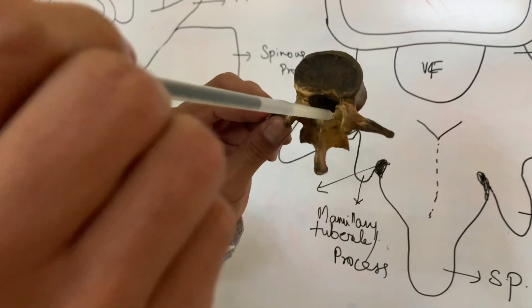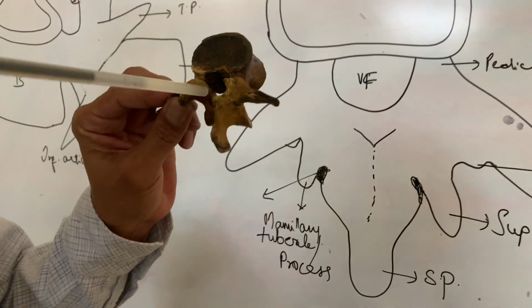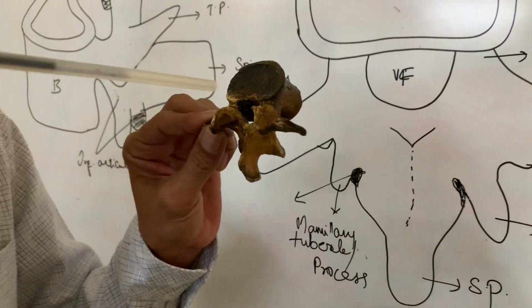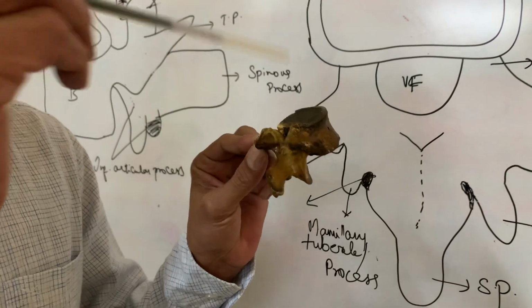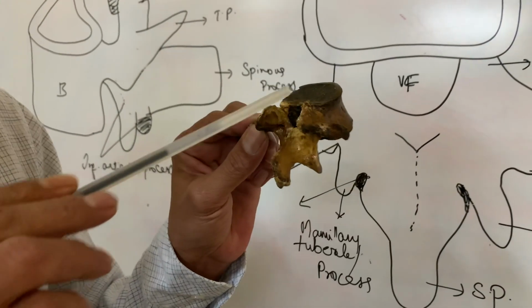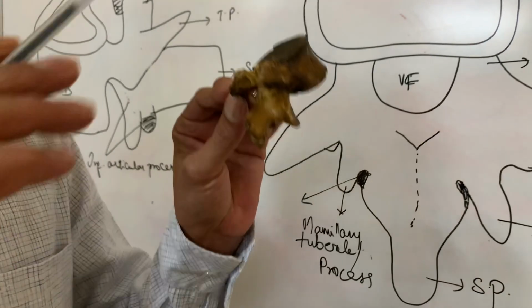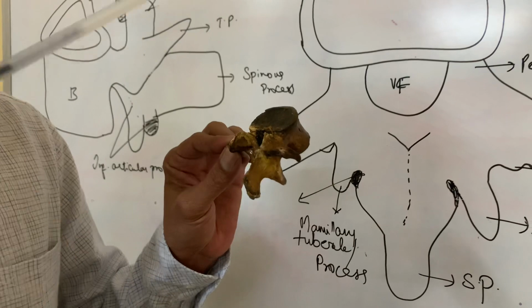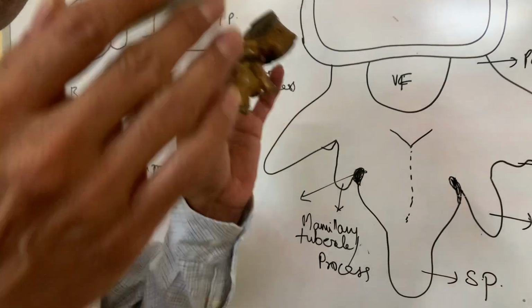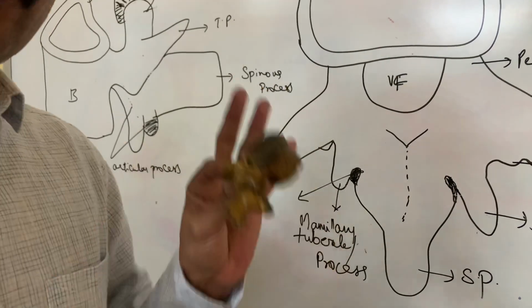Next we will come to the vertebral foramen, which is triangular in shape. At the level of the first lumbar vertebra, it transmits the conus medullaris. At the lower border of the first lumbar vertebra, the spinal cord ends as the conus medullaris.